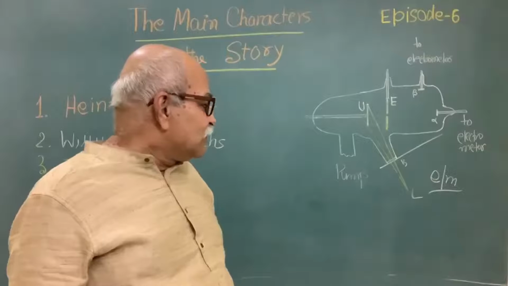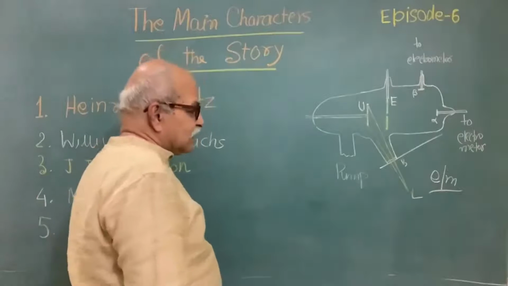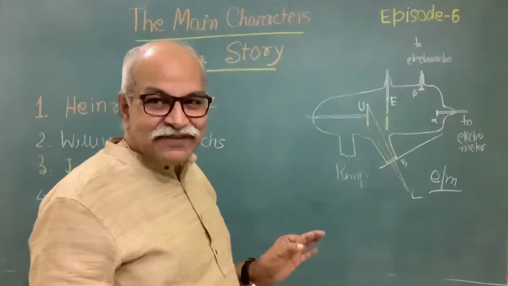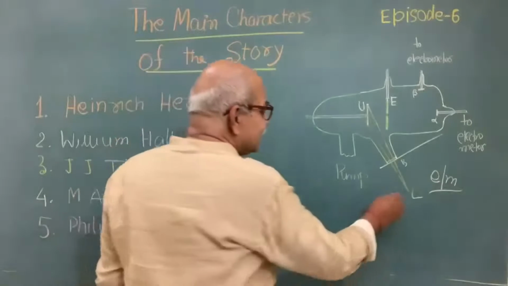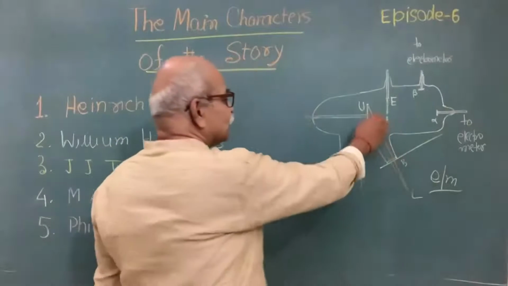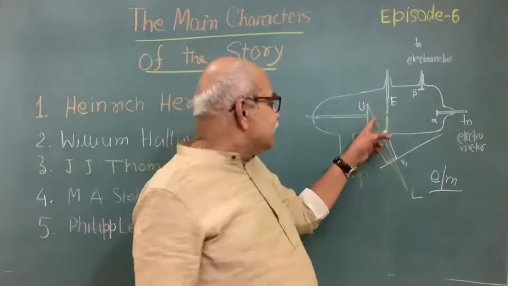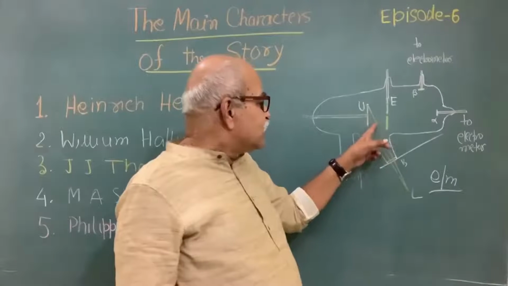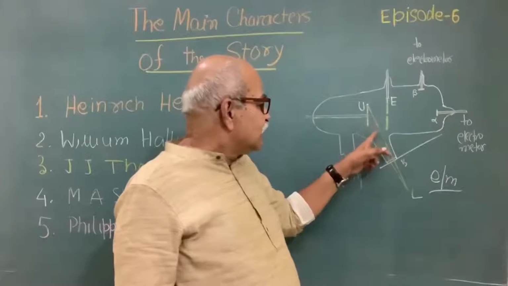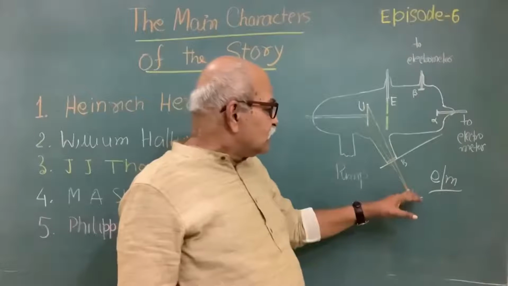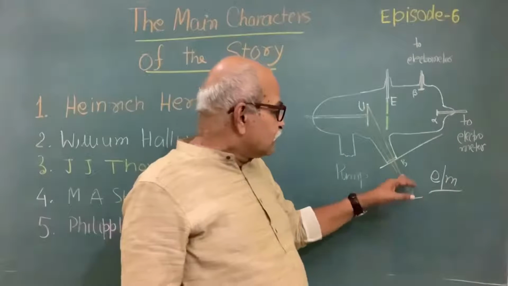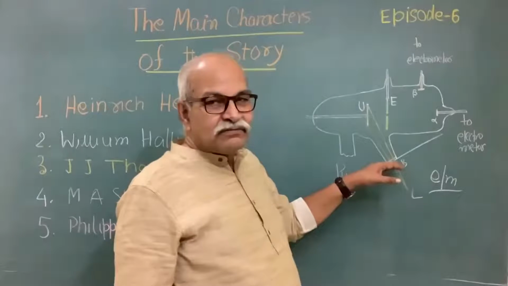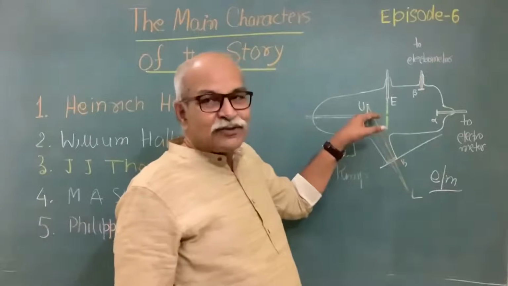As far as the measurement goes, he has a most important quantitative observation. He changes the intensity of this UV light, and to make that change in intensity is not very difficult. You just change the distance of this lamp, the source, from this window, and therefore from this cathode.